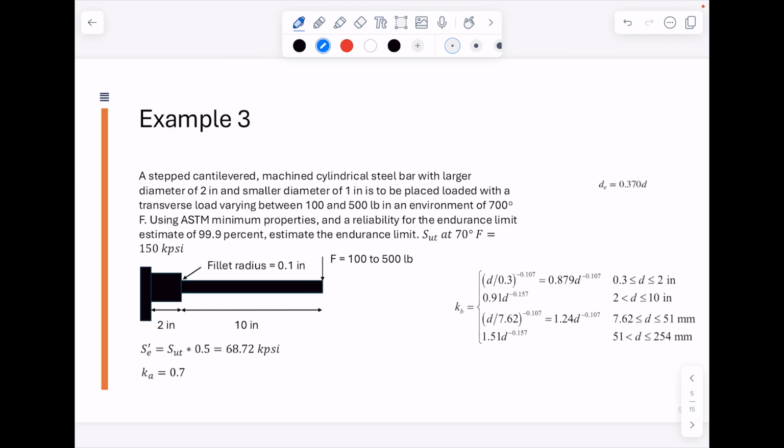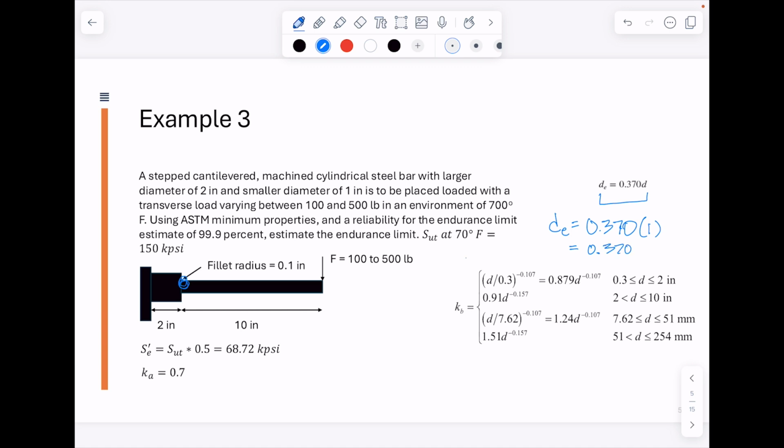For our Kb, which is our size factor, we have a cylindrical bar and it is not rotating. So we need to use this effective diameter for something that's not rotating. So to get an effective diameter, we have our effective diameter is going to be equal to 0.370 times our diameter, which is just 1 inch here. We're going to be looking at our critical location right here where the smaller portion meets the larger portion. And so we would have our effective diameter is equal to 0.370.